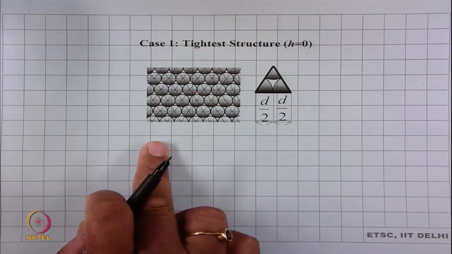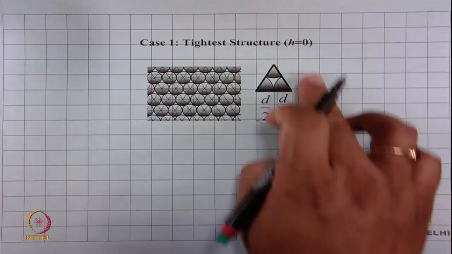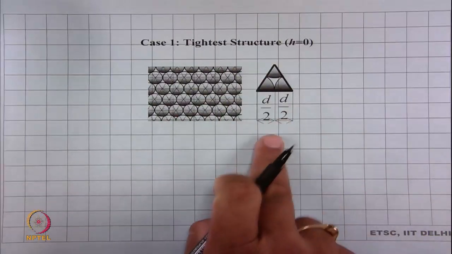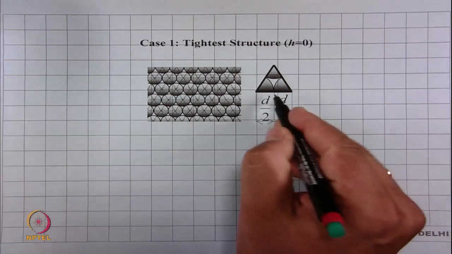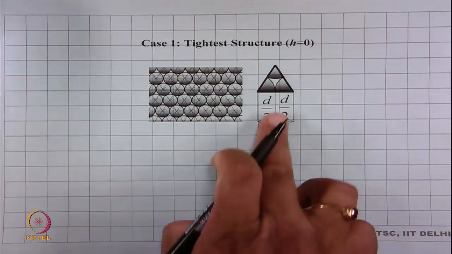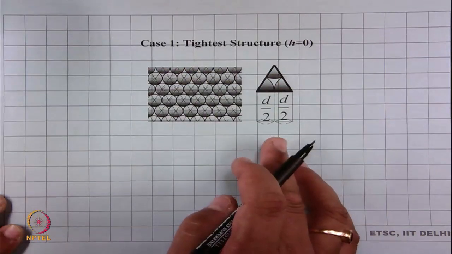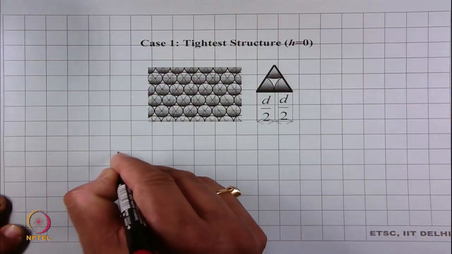Now, we need to find out packing density of this structure. A very similar unit cell is shown here. The fibers are touching each other, so h is equal to 0 here. Then what is the packing density of this unit cell?